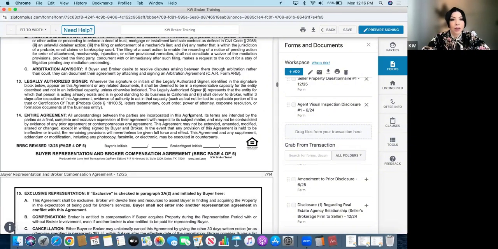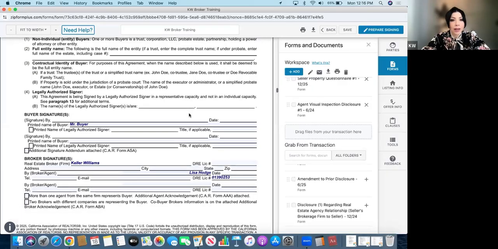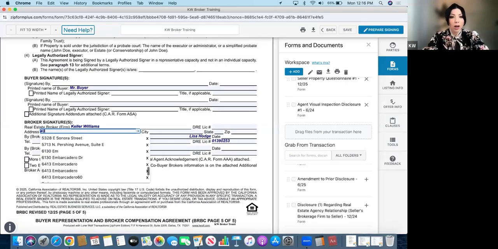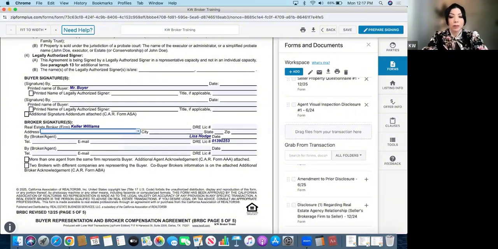Okay. All right. And then the buyer signs it here at the bottom. And then, of course, we fill out all of our, oh, didn't pop up. We'd fill out all of our, let me do this.